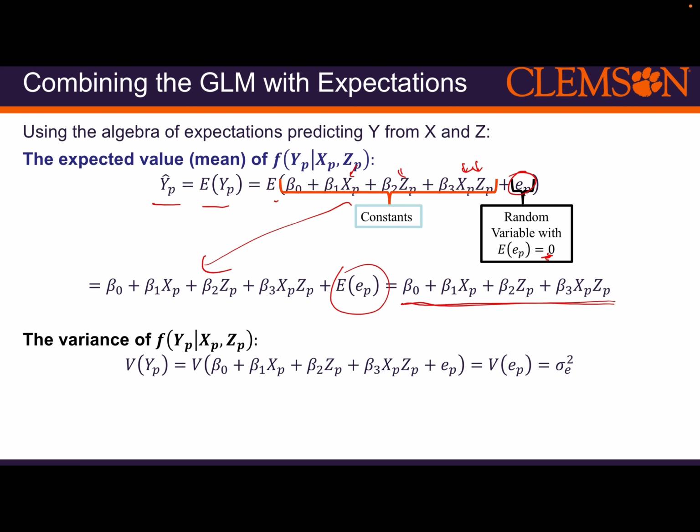Now, what's the variance? Again, remember what happens when we add a constant to a random variable in our algebra of expectations. So here, y by itself, we substitute the model for y. Again, all these terms right here don't vary. They're conditioned on, so they disappear, leaving us only with the variance of error, which is sigma squared error. And you'll note, this thing does not depend on x or z, meaning it is constant or homoscedastic.